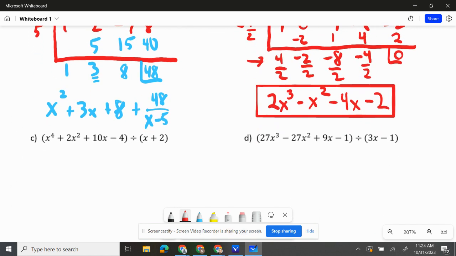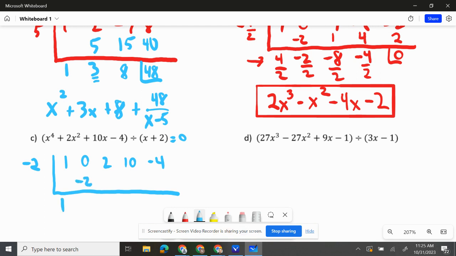So looking at letter C, we're going to do the same thing. We set the binomial equal to 0, and that gives us a -2. And when we look at our coefficients, we have 1, 0, 2, 10, and -4. We bring down the 1. -2 times 1 is -2. When we add them up, we get -2. -2 times -2 is 4.